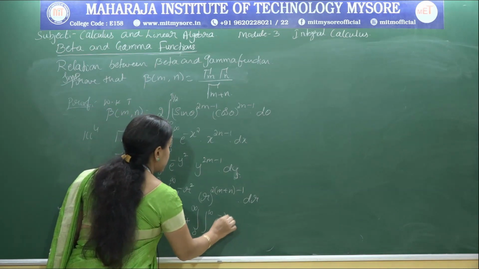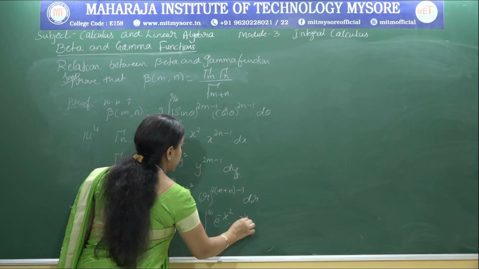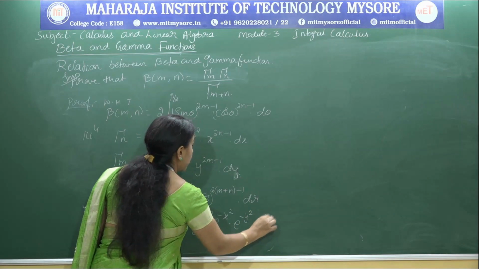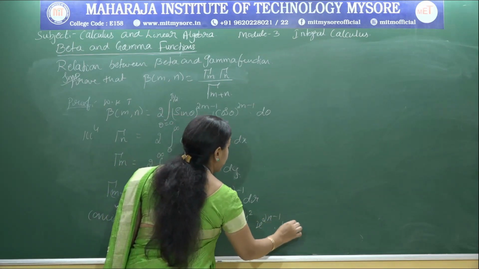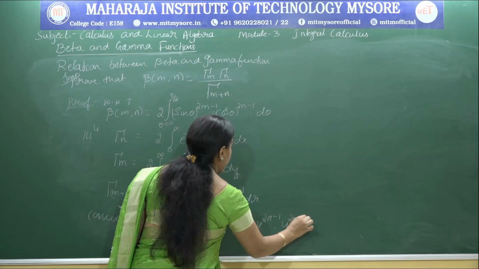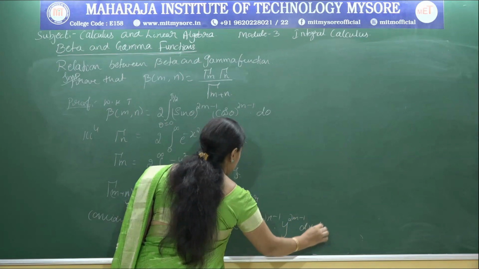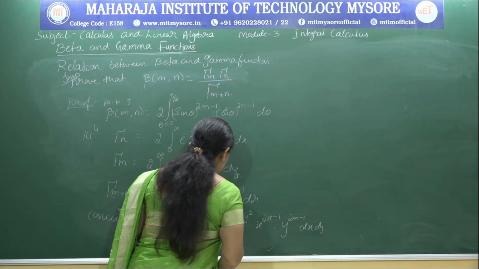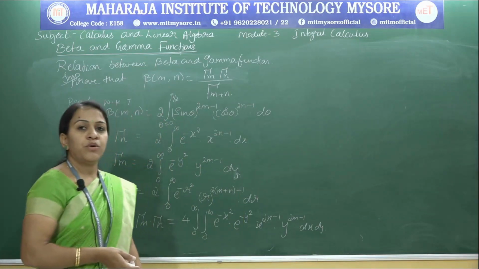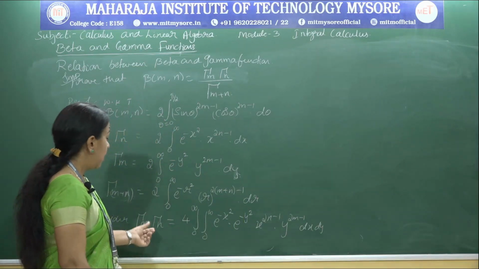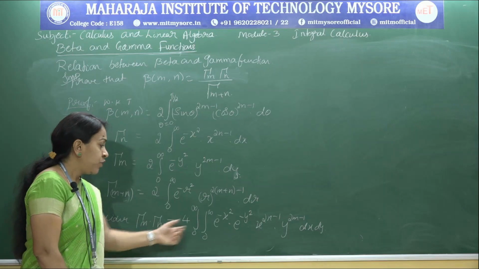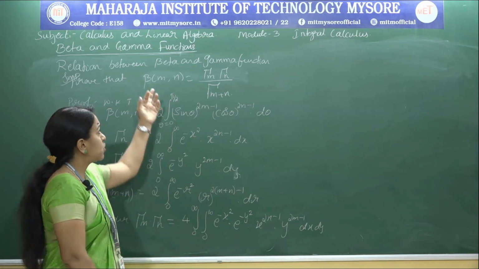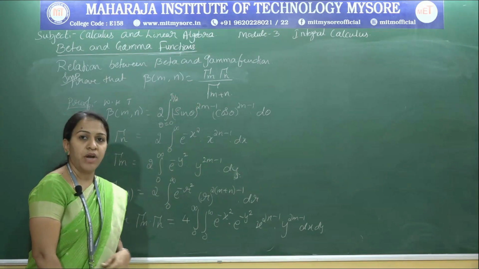So e to the power of minus x square e power minus y square into x to the power of 2n minus 1 into y to the power of 2m minus 1 into dx dy. Now to get the result, because I have now gamma m into n, so this should be replaced in terms of beta and gamma m plus n, right?